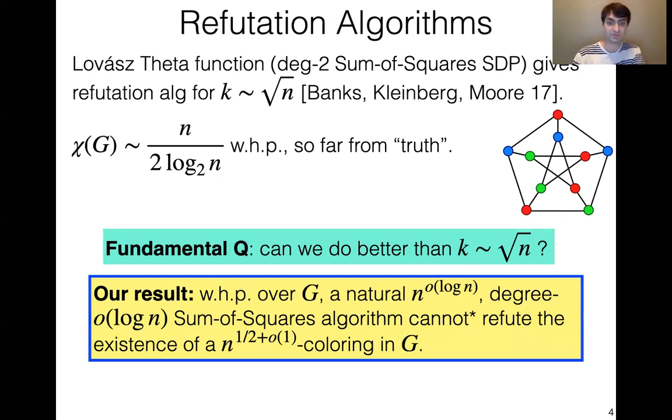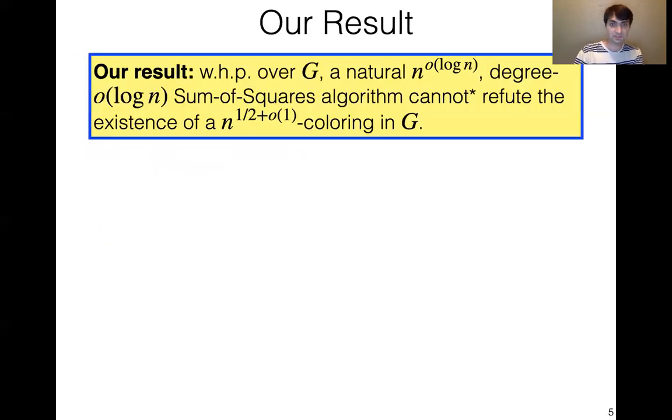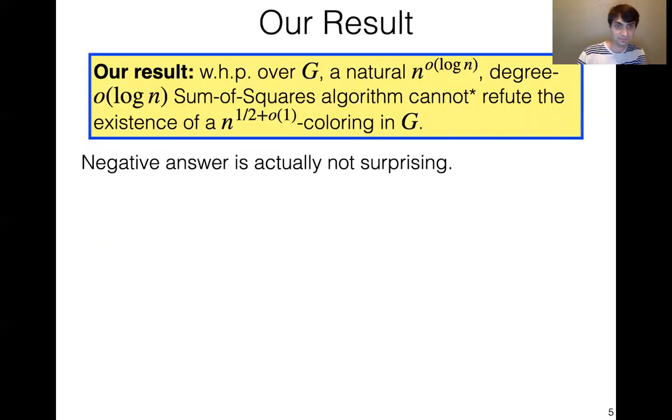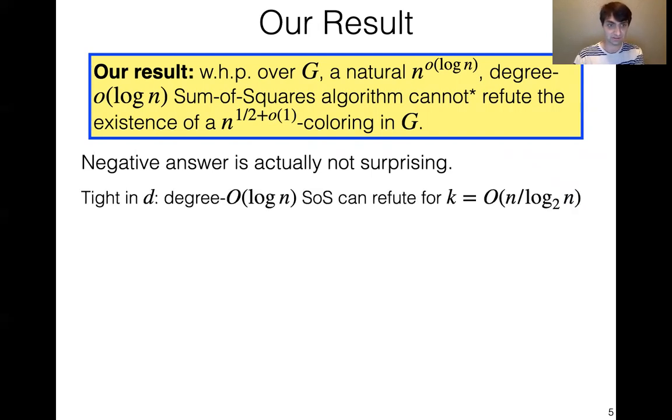Our main result shows that with high probability over G, degree little-o of log n sum of squares cannot refute the existence of an n^(1/2 + o(1)) coloring in G. So let's break this down a little bit. First off, the negative answer is actually not surprising, especially given prior work on related questions like independent set.